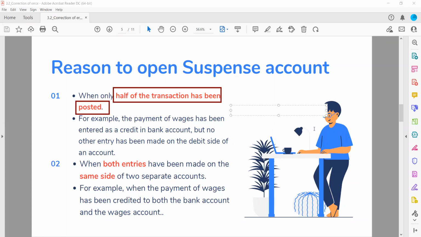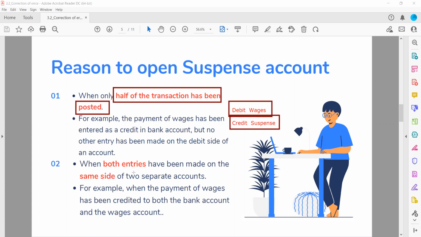So in the general journal, we will debit wages and we will credit suspense, because the bank account is correct. So we cannot touch the bank account. We need to go through the suspense account to put in the wages amount.